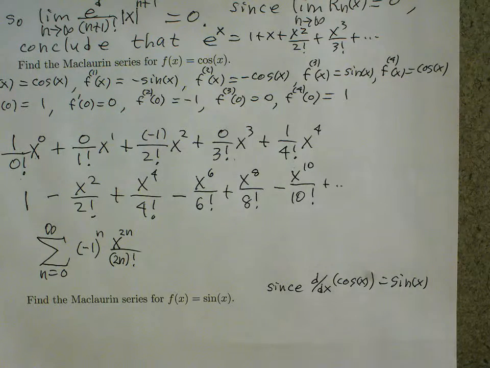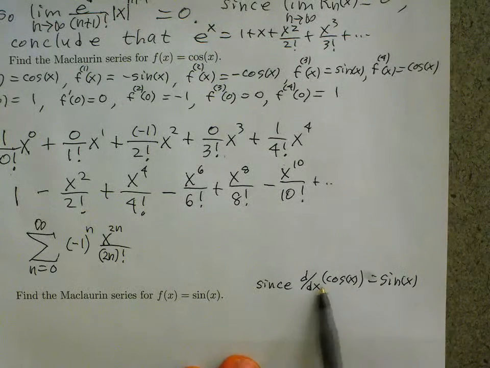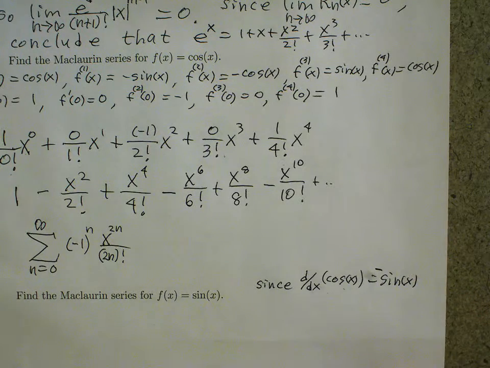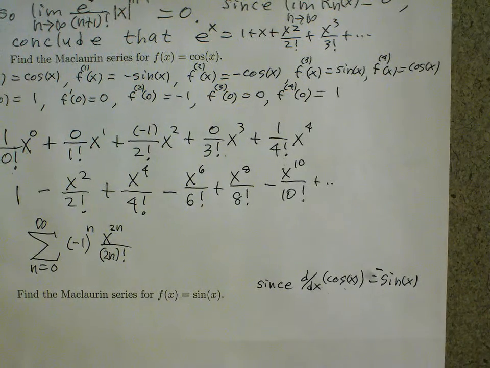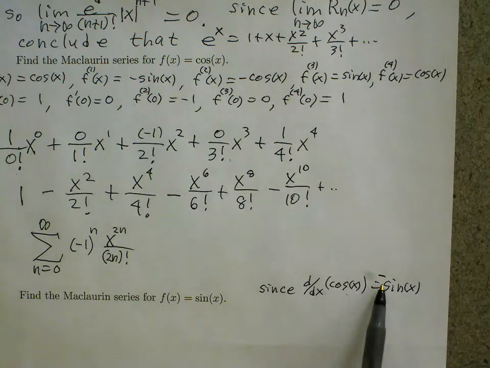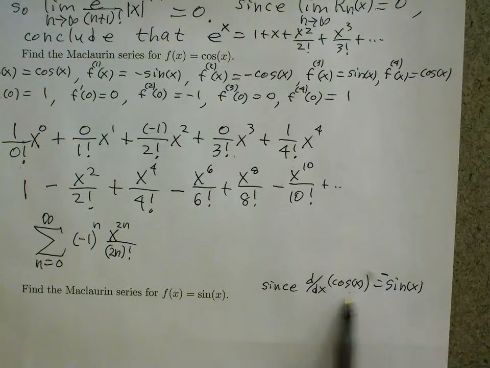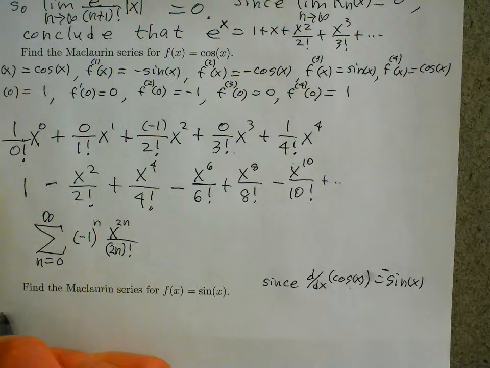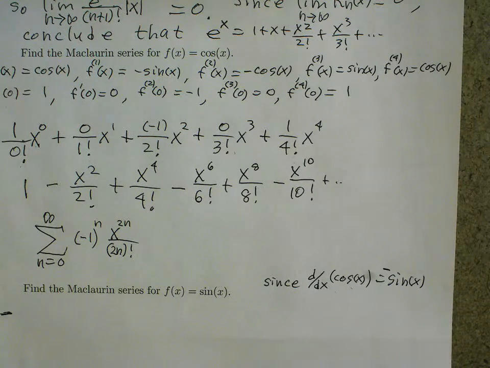Oh, but I made a mistake here. The derivative of cosine of x is negative sine of x. So that's sort of an important detail. So negative sine of x, it turns out that the Maclaurin series for each is equal to the function.